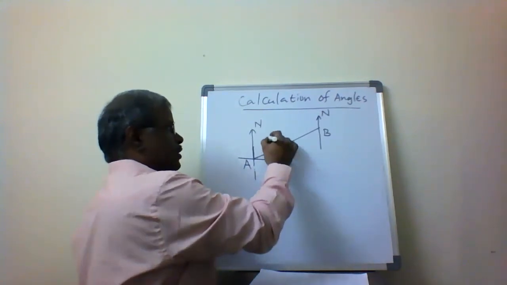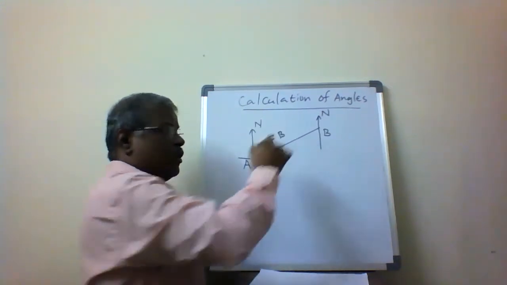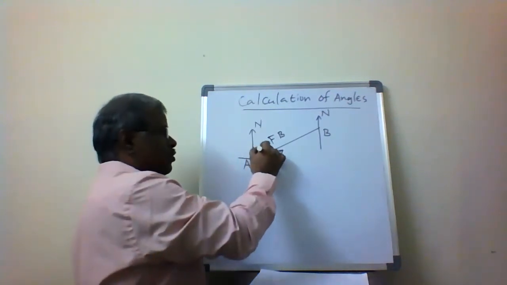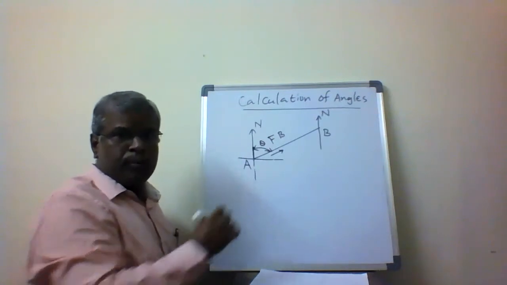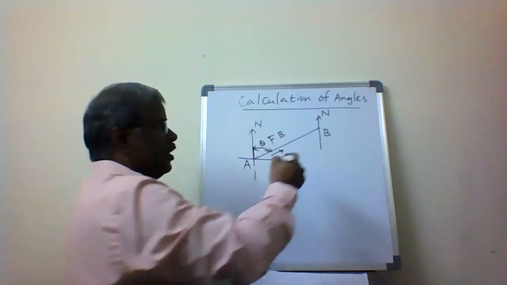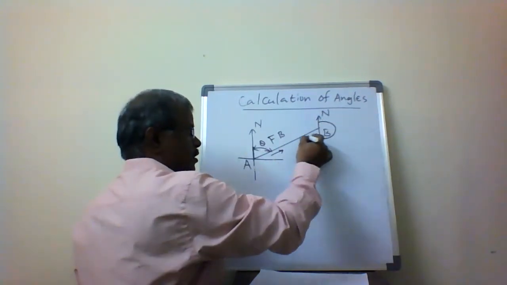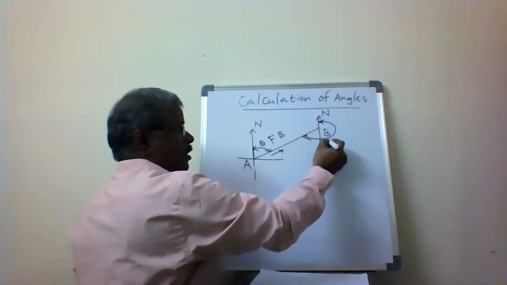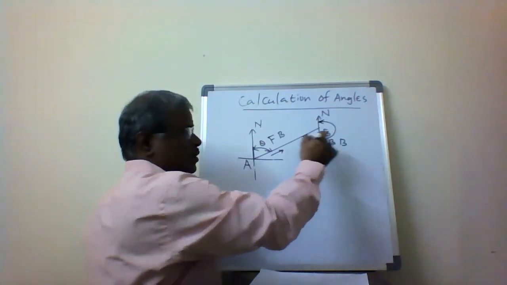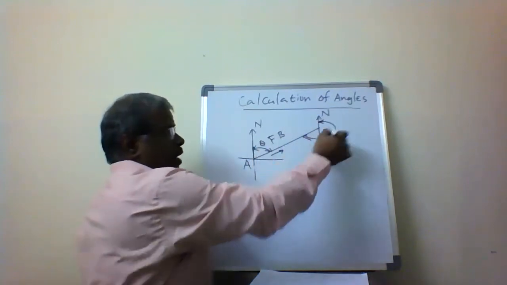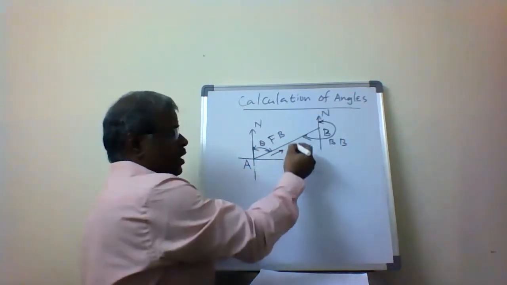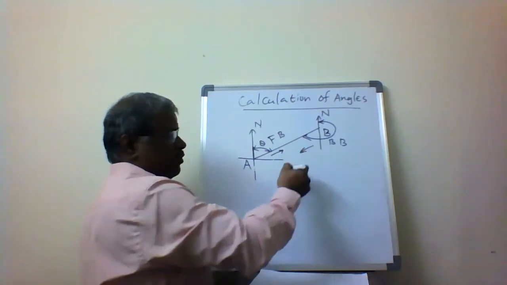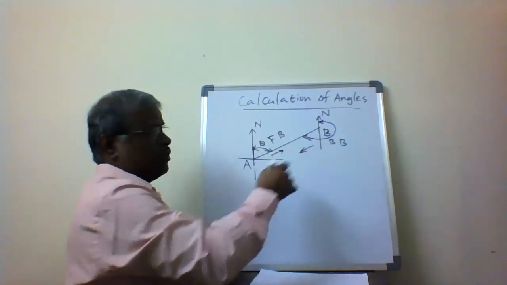This is the forward bearing, measured from magnetic north, theta is known. This is the backward bearing, measured from the magnetic north at the back. So forward bearing and backward bearing are known.